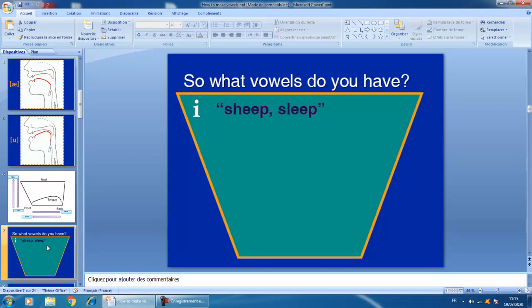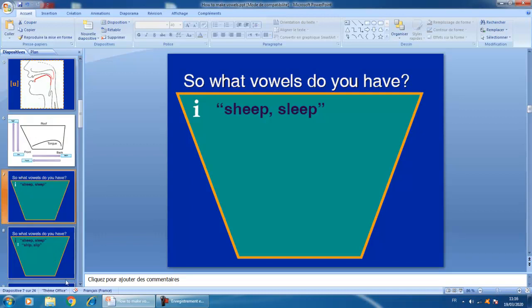And we have another vowel, which is the short I, ship, slip. Look, there is a difference between sheep and ship, sleep, slip. So we have E and this is I. These two varieties of E are called close or high vowels.